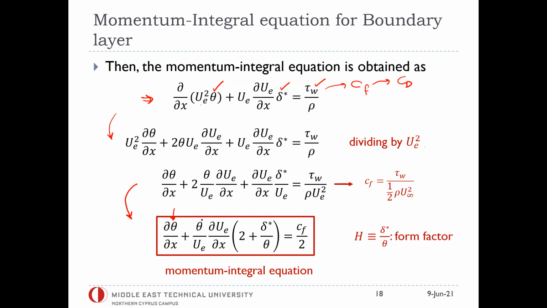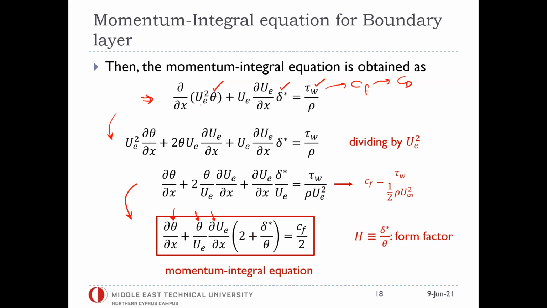In the second term, I have theta again, the momentum thickness, plus I need to know how u edge changes. For example, if this is a flat plate problem, this second term will be 0 because du edge/dx is 0 for a flat plate, like a Blasius type solution.